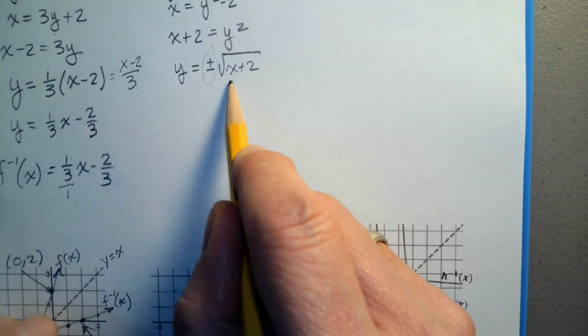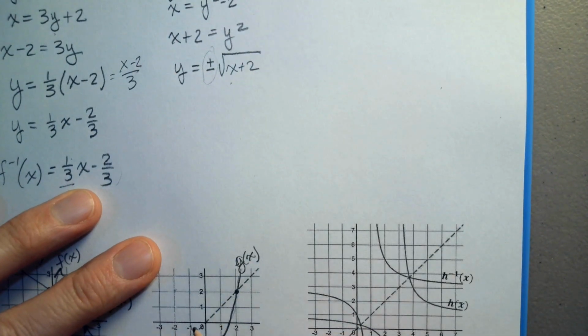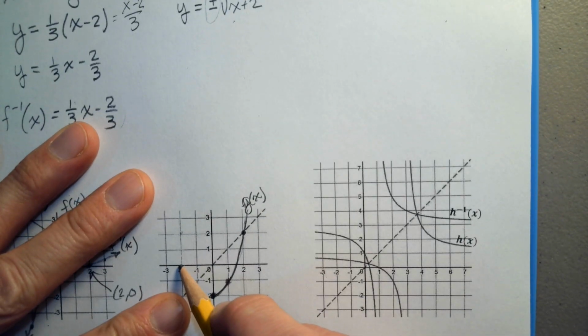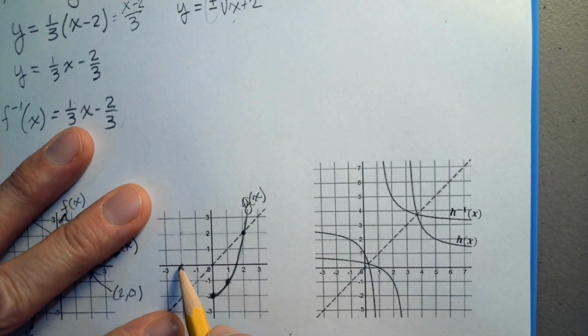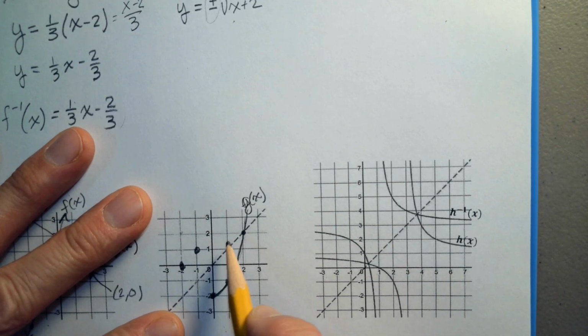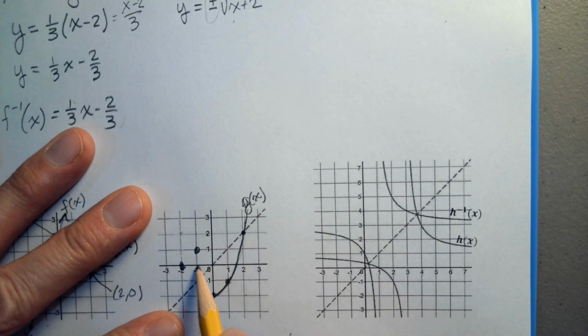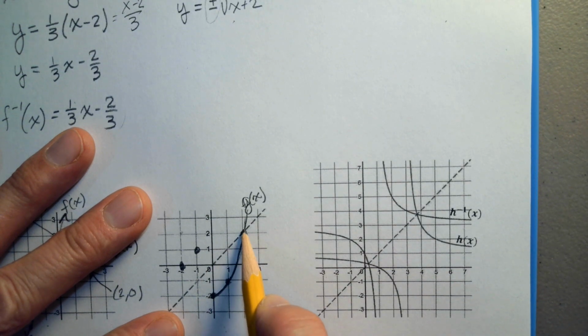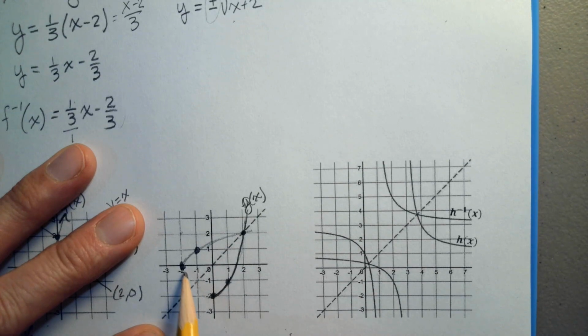If we graph this thing, it would start over here at -2, and it would go here. So let's put our points in here and here, and then over 1, 2, 3, 4, up 2 would be this point. So we've got this, and then we'd also have the bottom half.